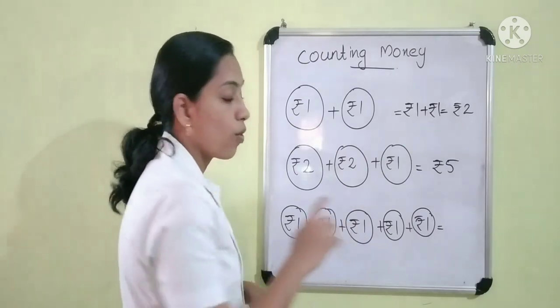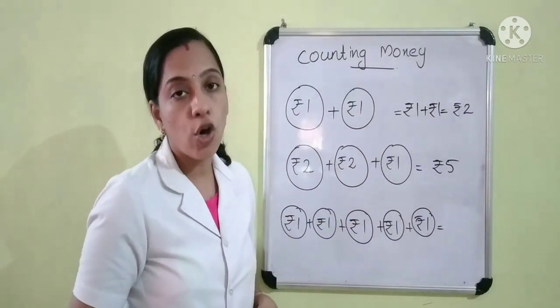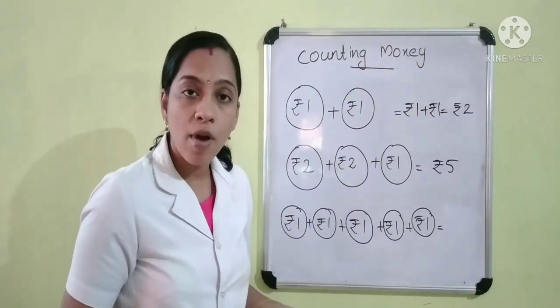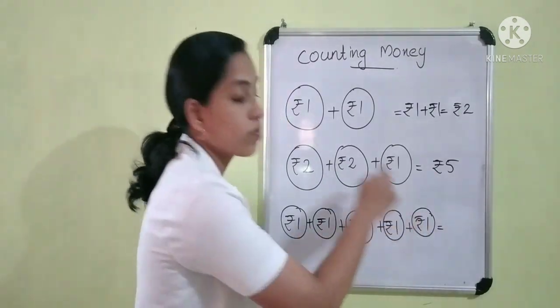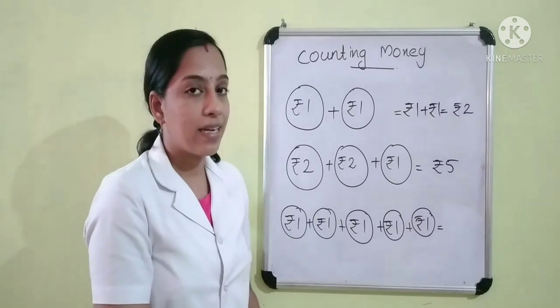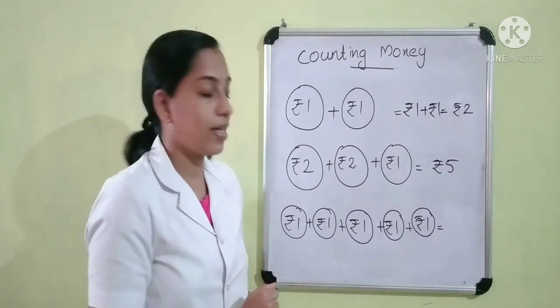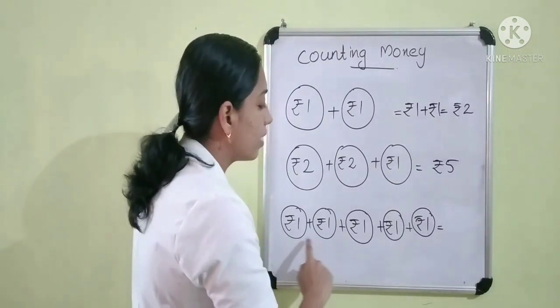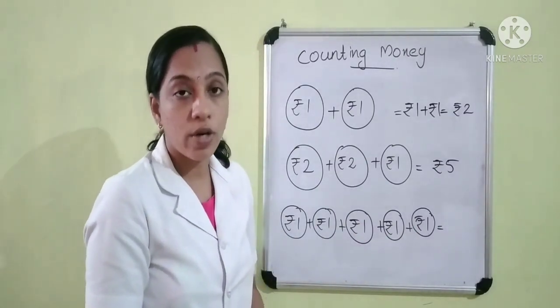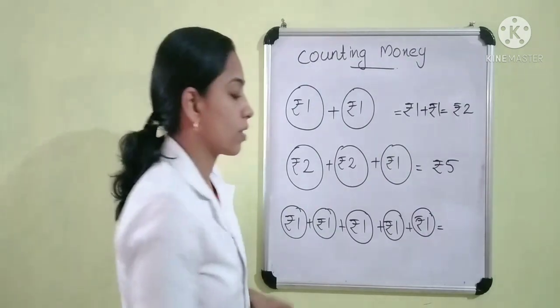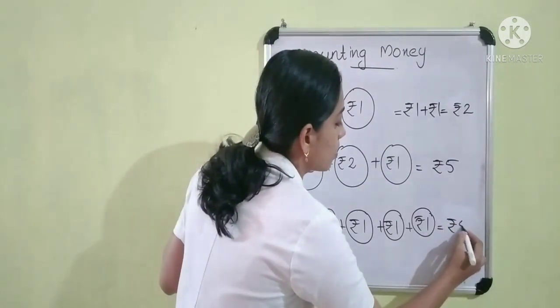Here we can see five 1 rupee coins. What is the total amount? 1 plus 1 plus 1 plus 1 plus 1. So the answer is 5. That is when we add five 1 rupee coins, the total amount is 5 rupees. So let us write here rupees 5.